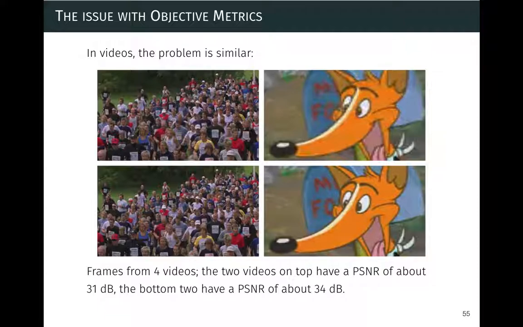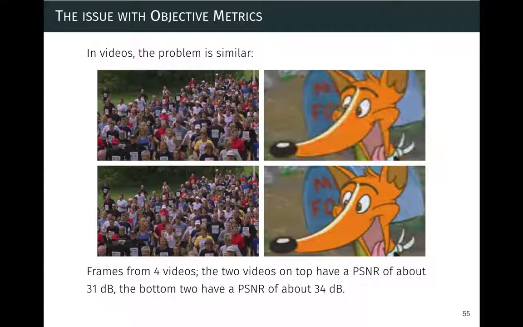And here's the problem: you have 2 compressions, and they both have the same bit rate. On the top, you have a version which is quite heavily compressed, and the second one is a bit better. And the PSNR is roughly the same. If you look at the one on the top, it says it's 31 dB.